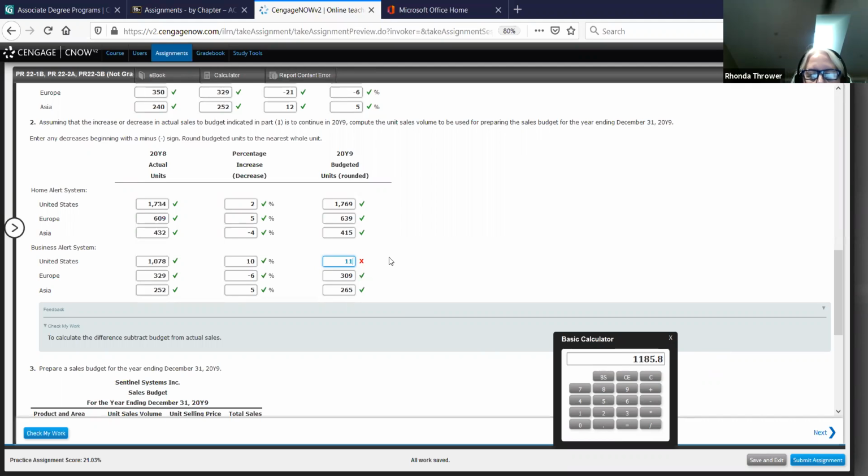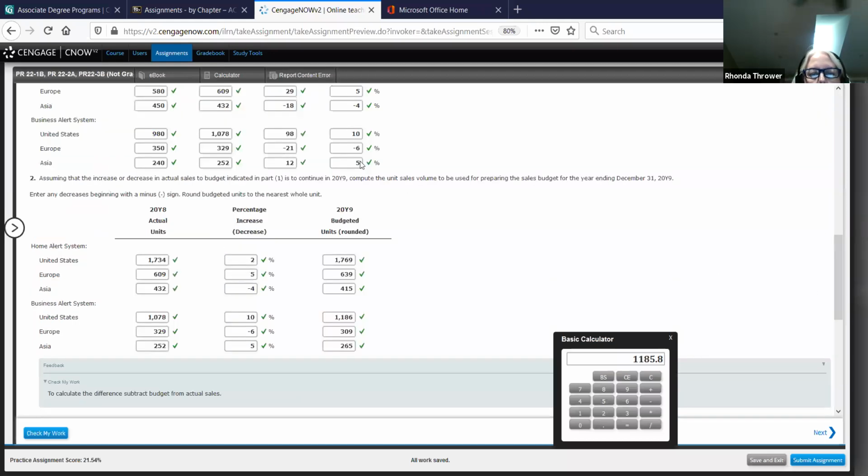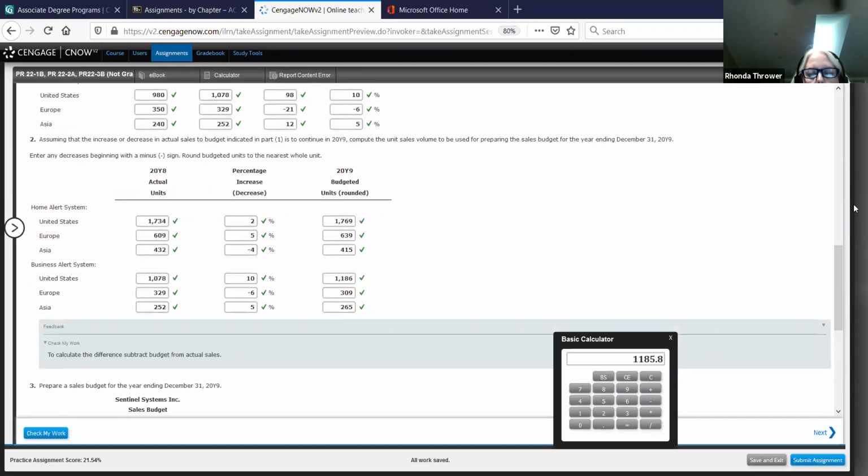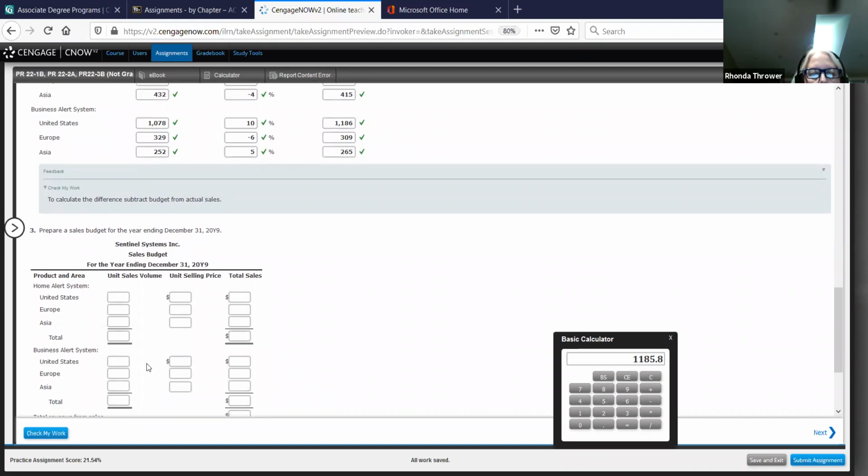This would be 1,186 units. Okay. So you have to know what the budgeted units are going to be for 2000 Y9 before you can move on and prepare the sales budget for the next year.